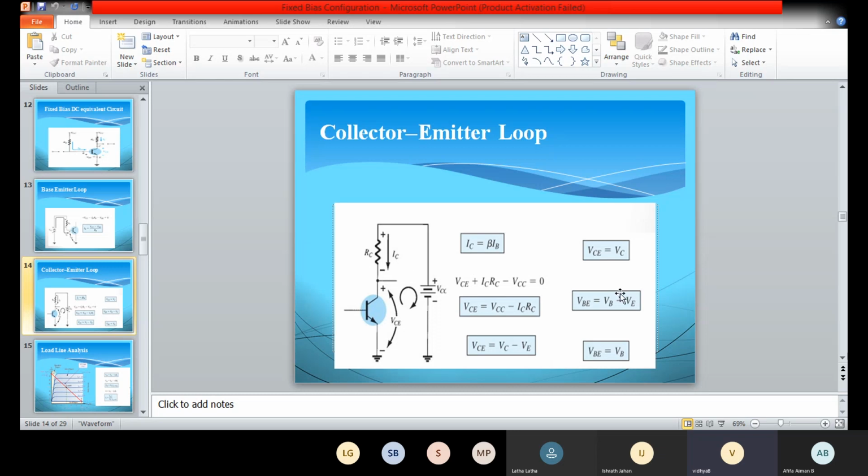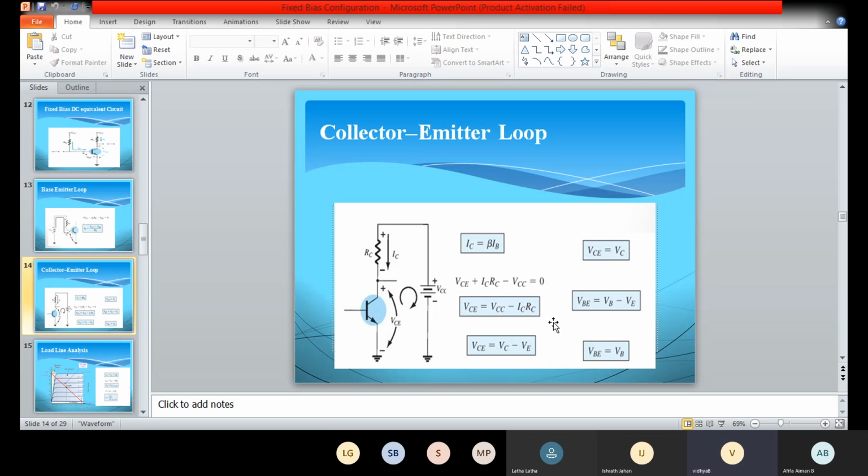Apply the loop: VCE plus IC RC, going from minus to plus, then plus to minus, minus VCC equals 0. By the loop you write the equation first. From that we write VCE equals VCC minus IC RC.